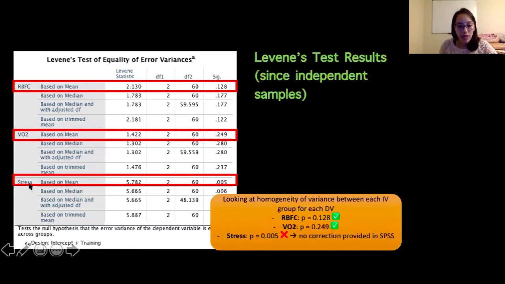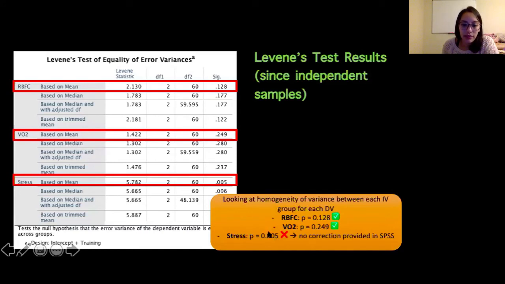When we look at stress, you can see that this has been violated. Now, in a multivariate test, we don't get a correction for Levene's test for the univariate tests. So typically, when I showed you the example in the ANCOVA, you have Welch's test that you can add in, and if you violate homogeneity of variance, you just look at Welch's test.